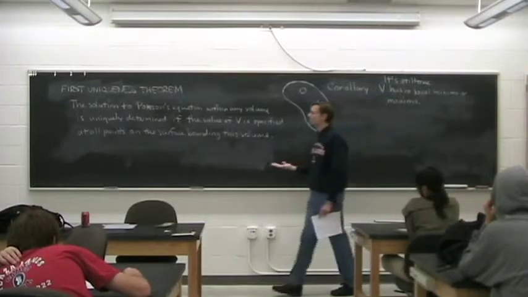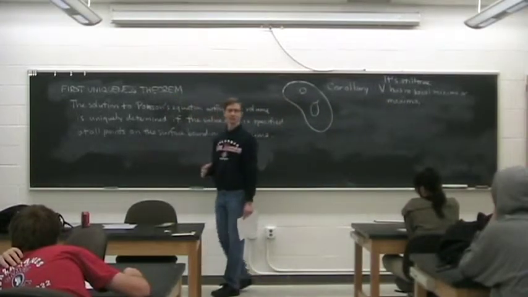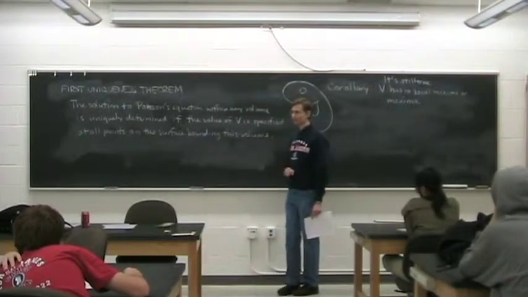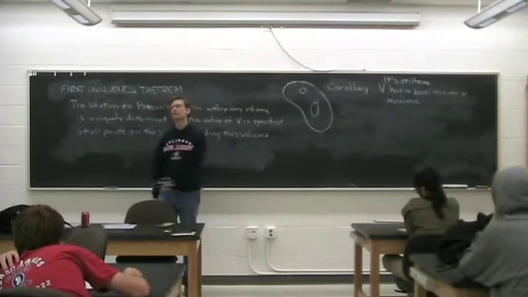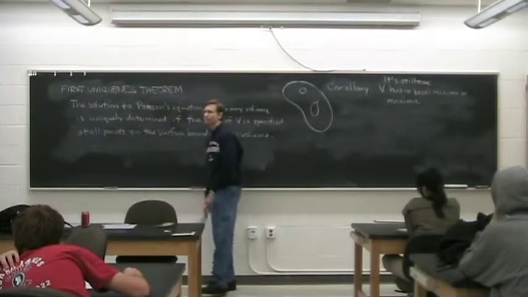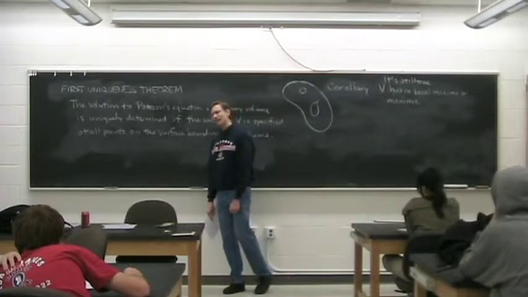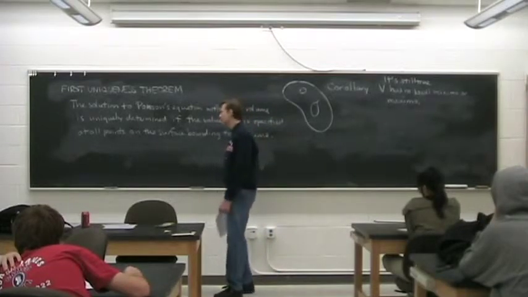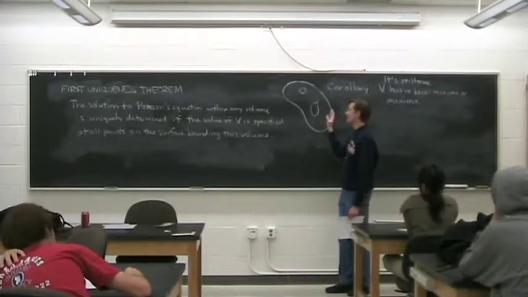If you have a solution of Laplace's equation which satisfies the given boundary conditions, it is the solution of Laplace's equation which satisfies those boundary conditions. There aren't any other, or I should say Poisson's equation. But Laplace's equation is a special case of Poisson's equation, so this doesn't have to be a charge-free region.